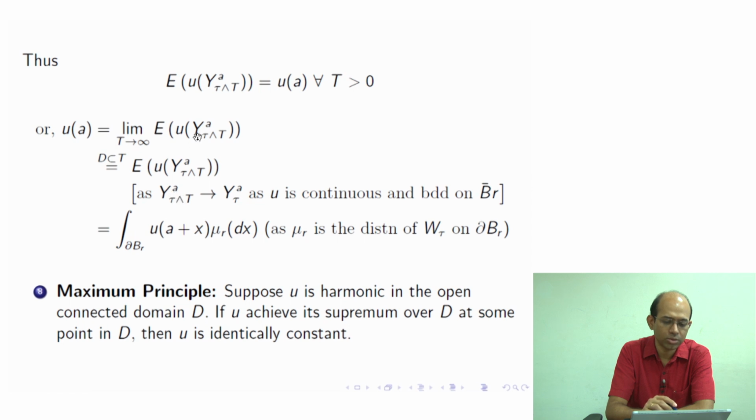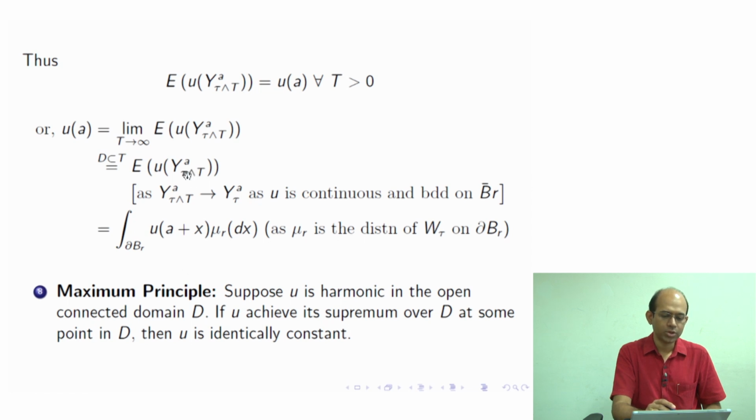as this random variable converges to this as capital T tends to infinity almost surely, and u is continuous and bounded on the closure of the set B_R. So we can use the Dominated Convergence Theorem here. So this expectation we are now writing here.